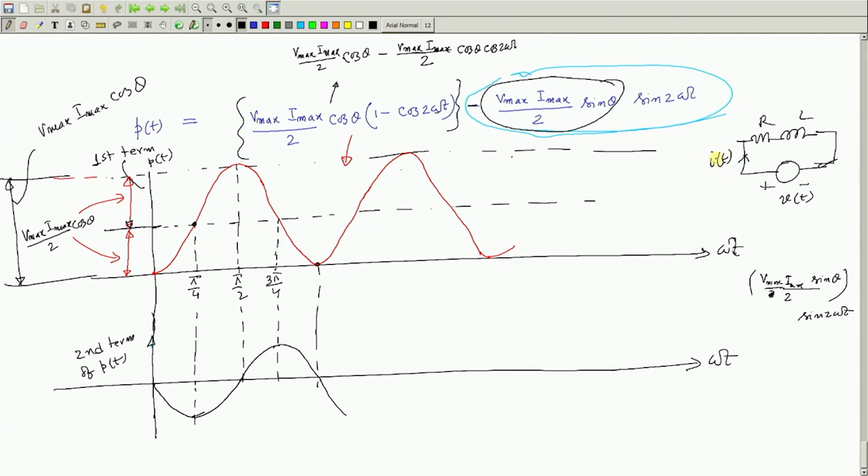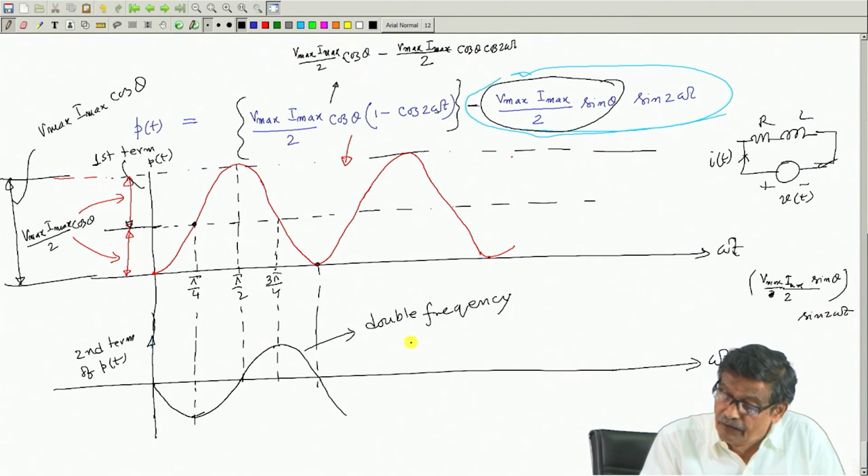and this first term, I understand that it always delivers power to the circuit, because this red one is always positive, sometimes it is becoming 0, but never coming negative, and this one is the power which is oscillating between source and the load. So, a double frequency oscillating power.